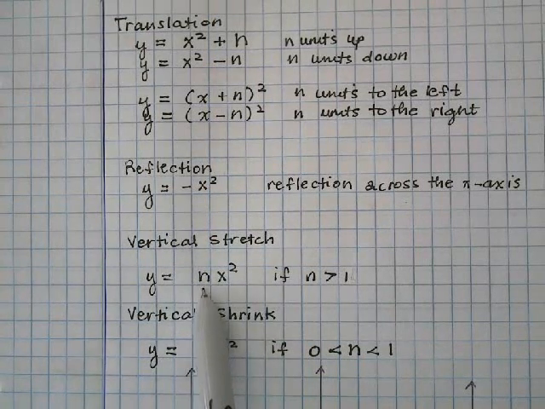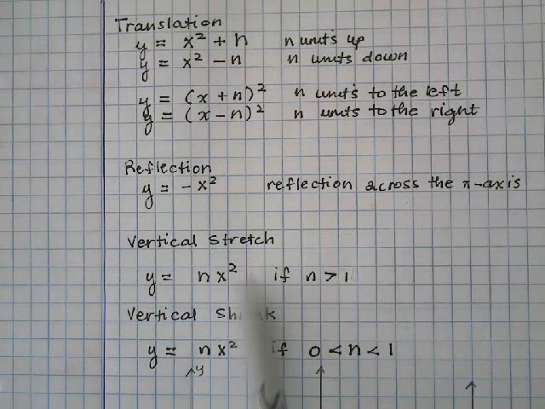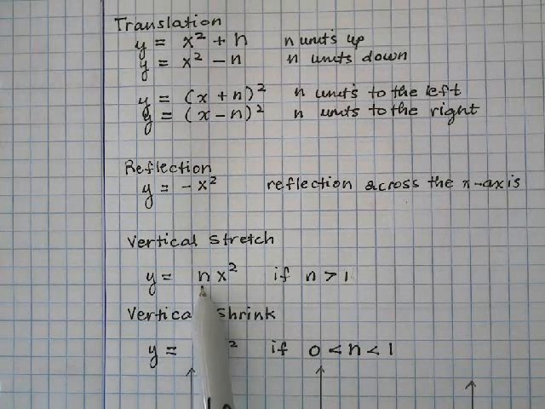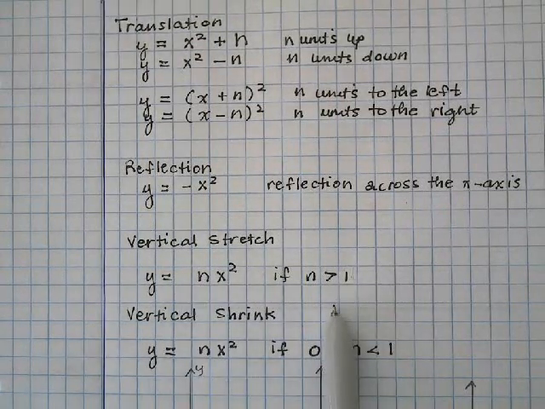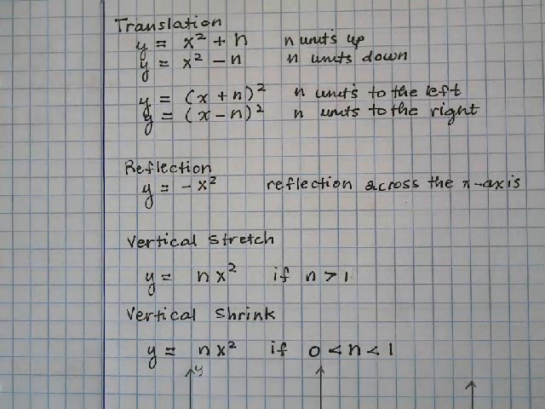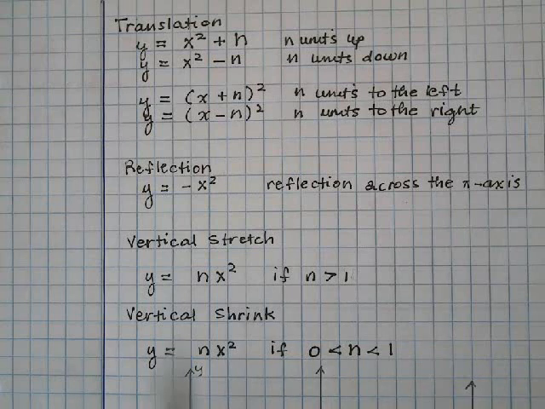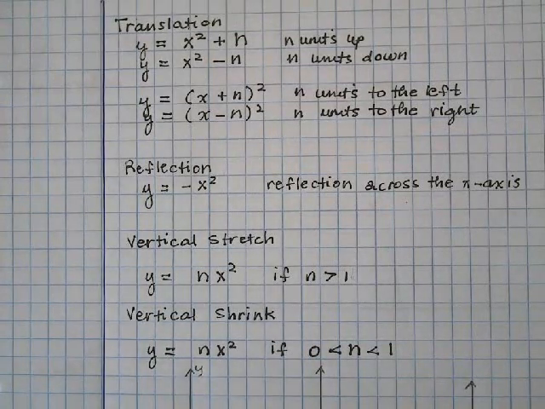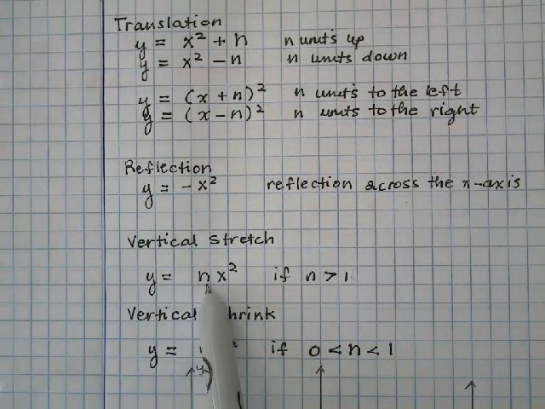When your x squared, or your parabola, is multiplied by a number bigger than 1, this n is any number bigger than 1, that means you have to stretch it that many times. Because sometimes you stretch not so hard, sometimes you have to stretch so hard. So how much do I stretch? This number will tell you.